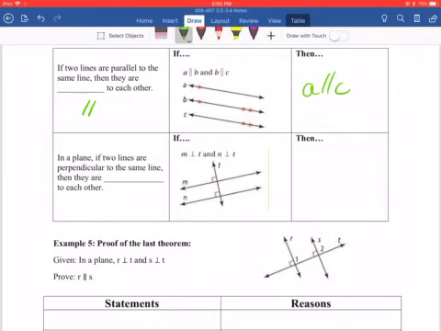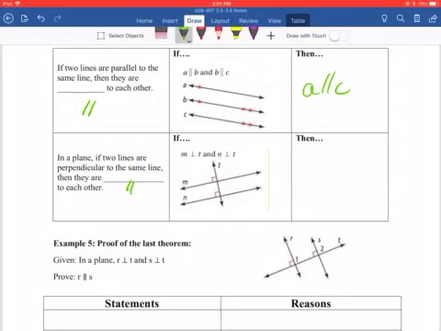If this crease is 90 and this crease is 90, that means that these strips are parallel. So, in a plane, if two lines are perpendicular, doesn't perpendicular mean two things that cross at 90? Okay, so if two lines are perpendicular to the same line, then they are parallel to each other.